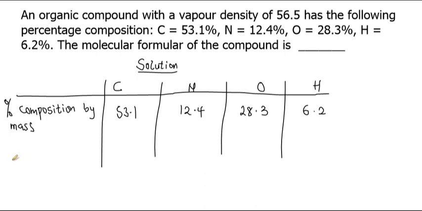Now on this side, I will be noting the relative atomic mass. Then my unit in grams per mole. So here now percentage composition by mass, I can have my unit as grams as well.